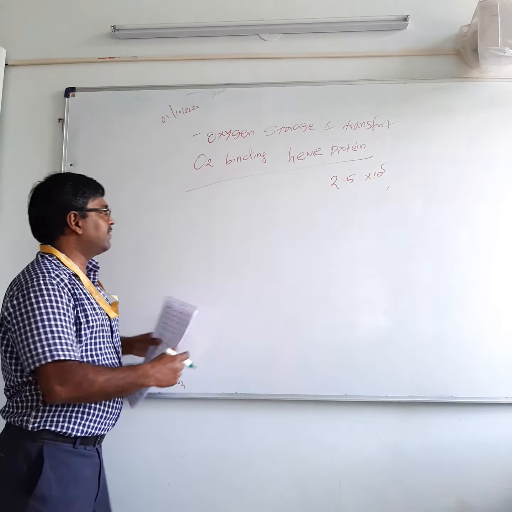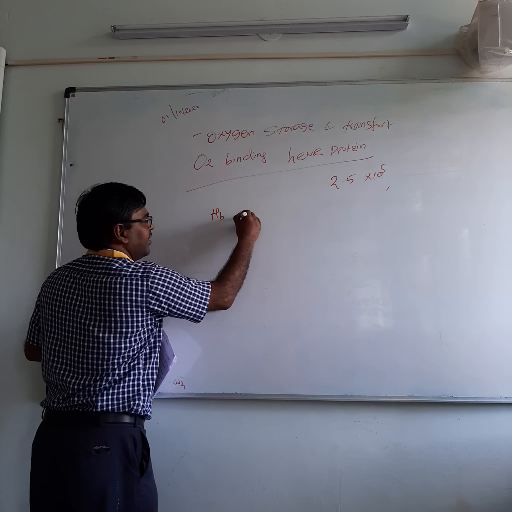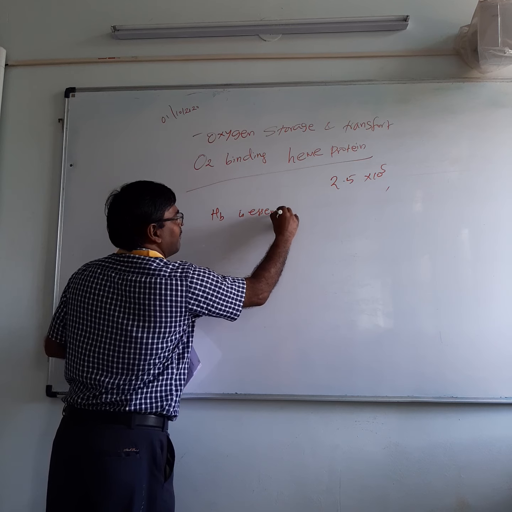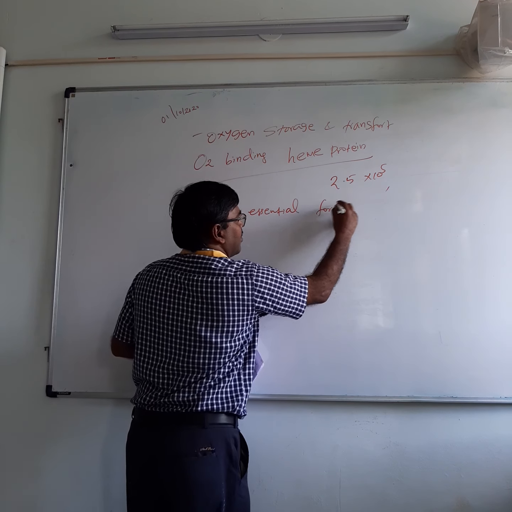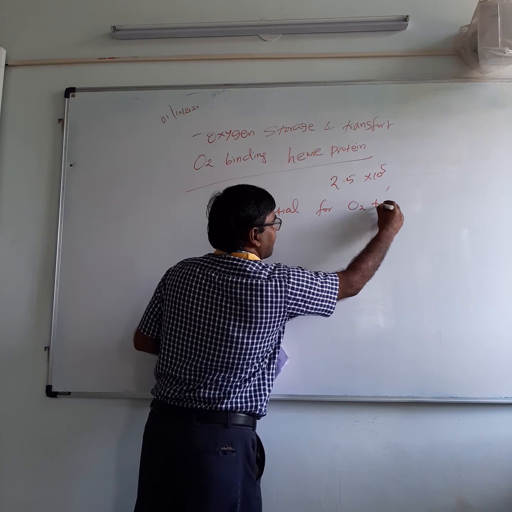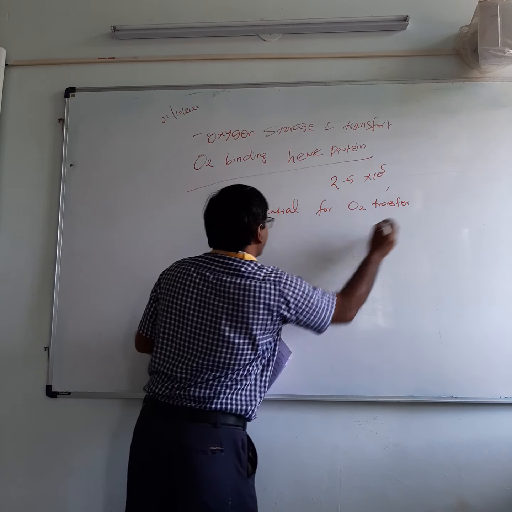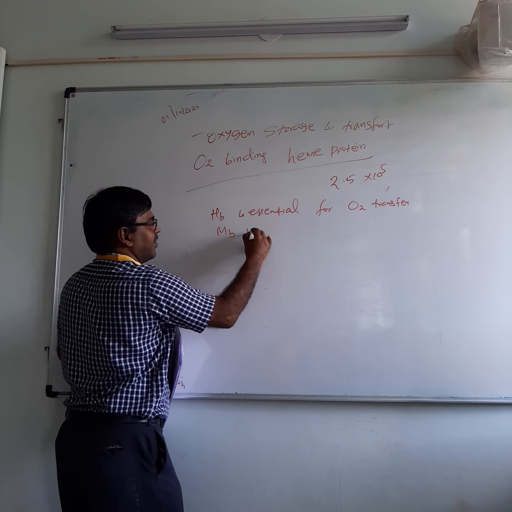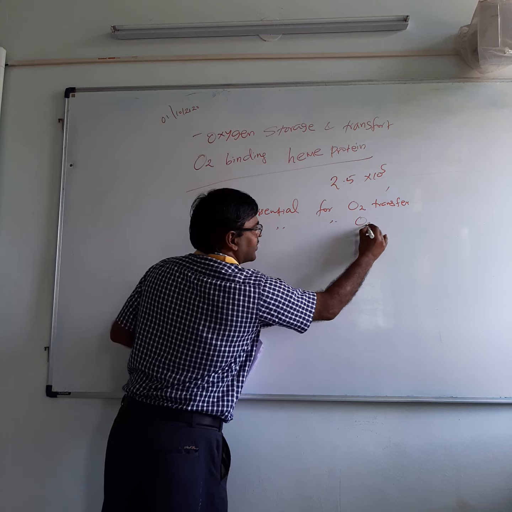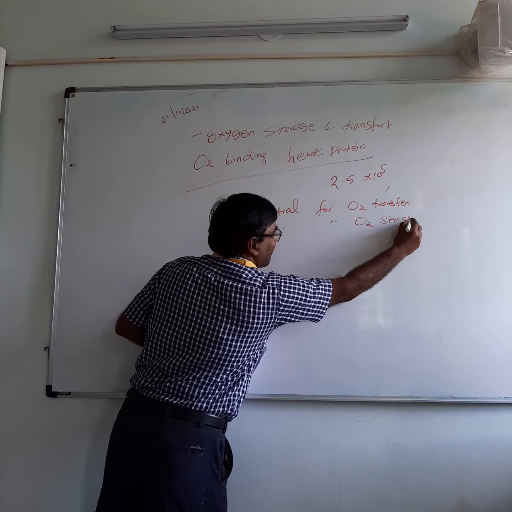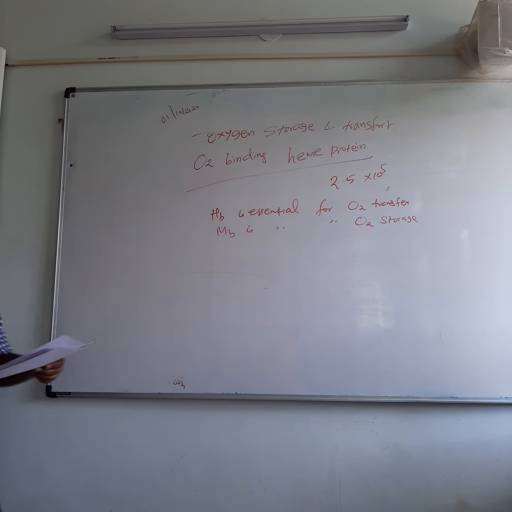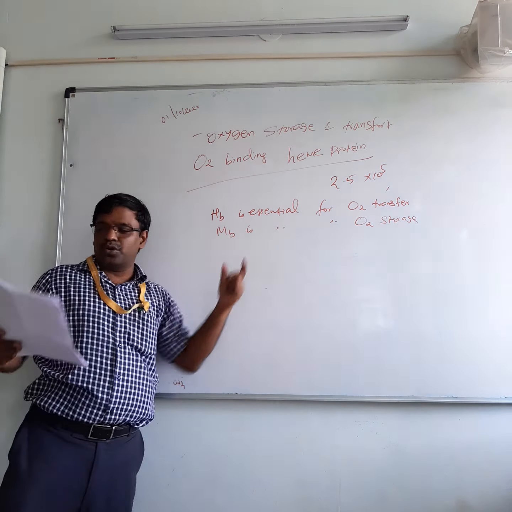As I already mentioned, hemoglobin is essential for oxygen storage and transfer, and myoglobin is essential for oxygen storage, which is stored in the muscles. In the muscle tissue, myoglobin is going to store the oxygen.